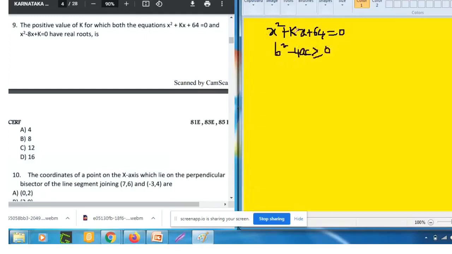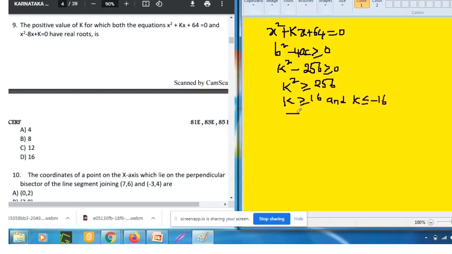So a is 1, b is k, and c is 64, and we get k square minus 256, because 4 times 1 times 64 is 256. So obviously k square is greater than or equal to 256. So k will be greater than or equal to 16, and also k will be less than or equal to minus 16. So we get the k values here for the first equation.